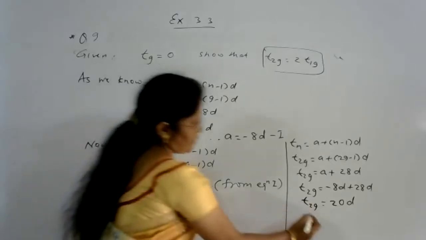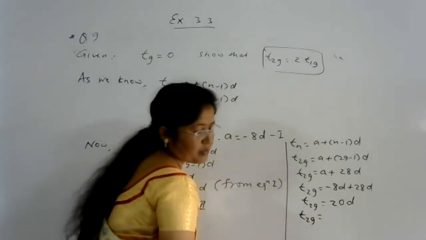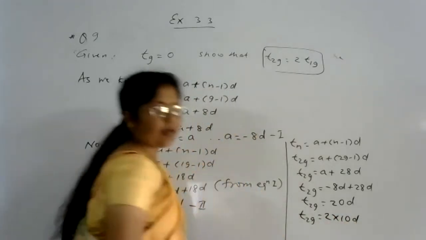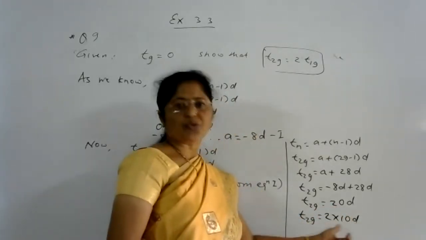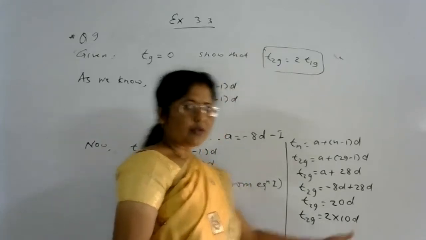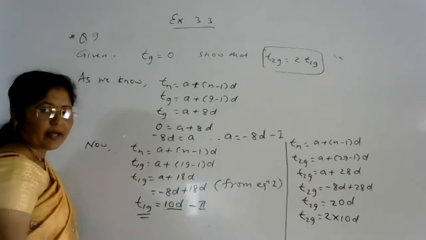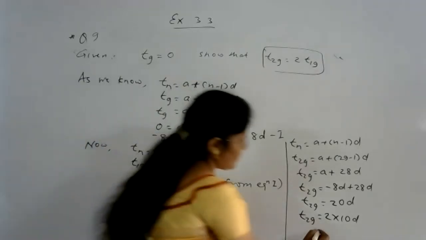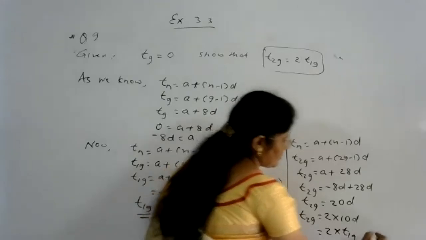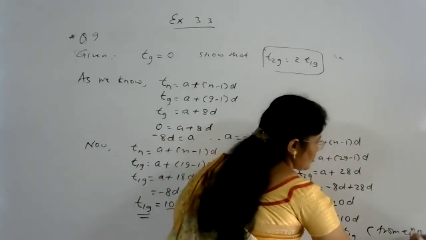This thing we can rearrange: the 29th term is equal to 2 into 10D. In place of 20D, we can write 2 into 10D. And 10D is nothing but the value of the 19th term, from equation 2.